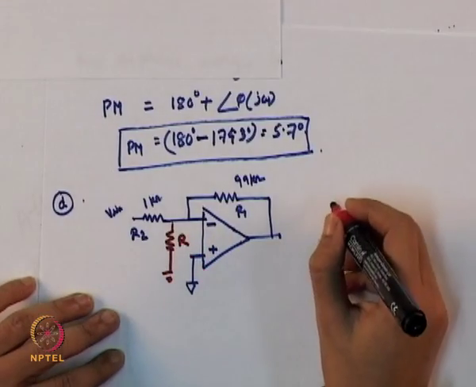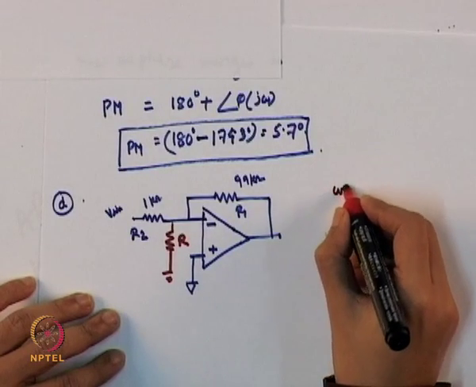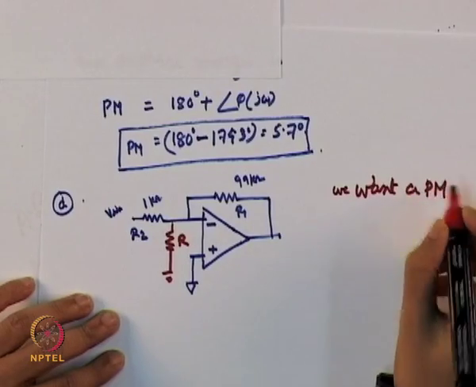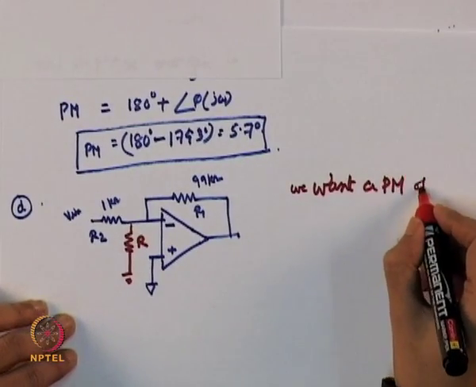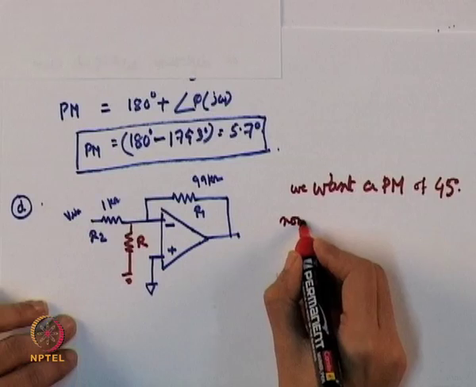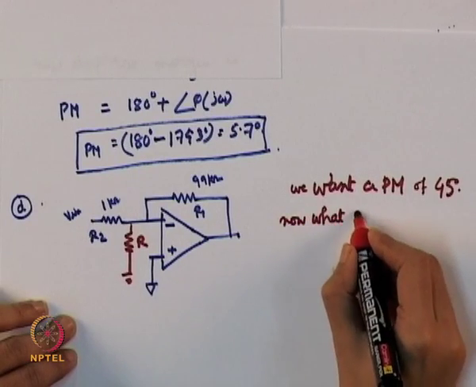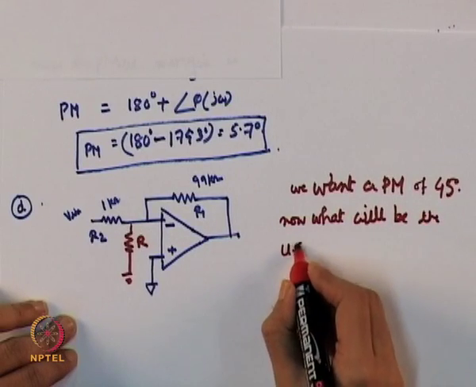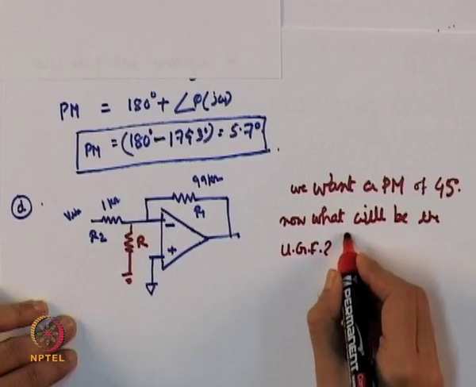Part D, what do we have to find out? We want a phase margin of 45 degrees. Now, what will be the unity gain frequency?